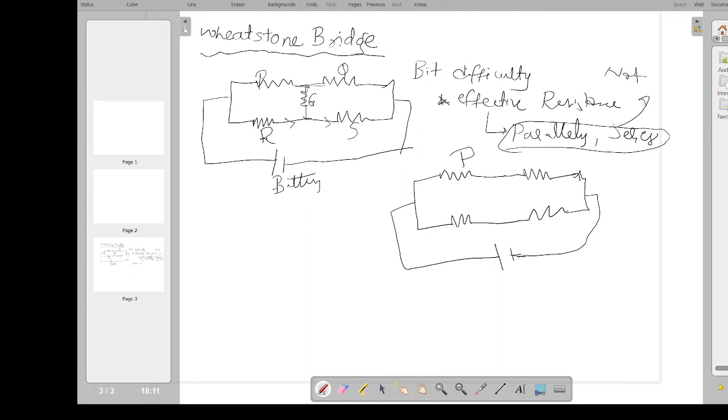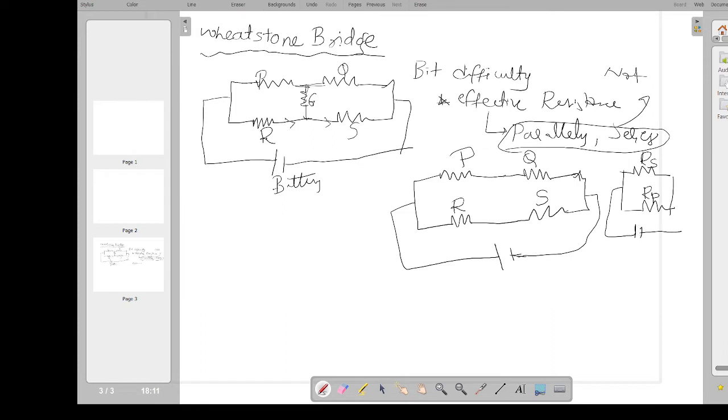Because one end of P is connected to the other resistor Q, and one end of R is connected to S.